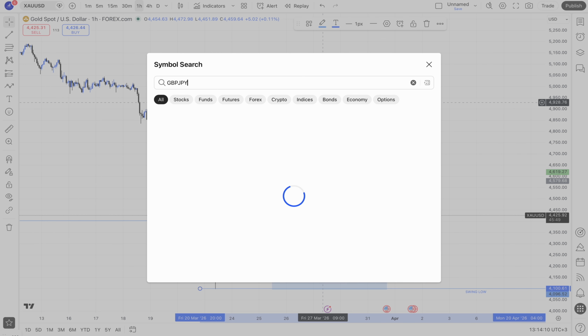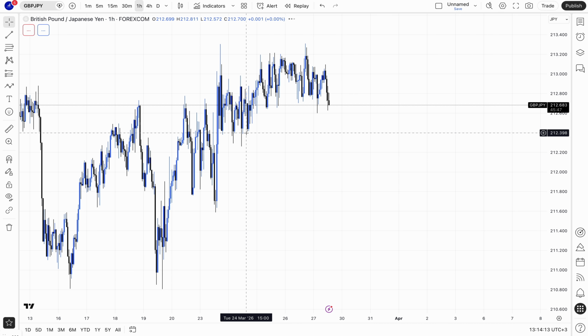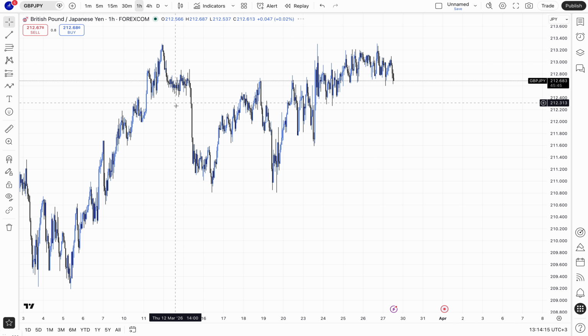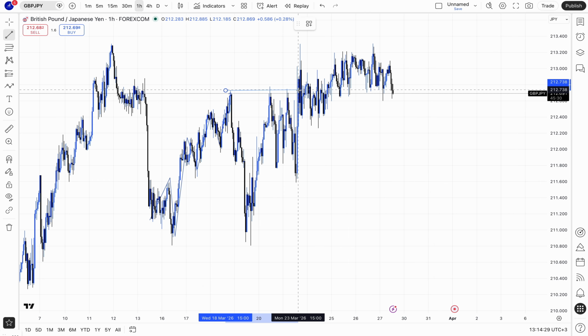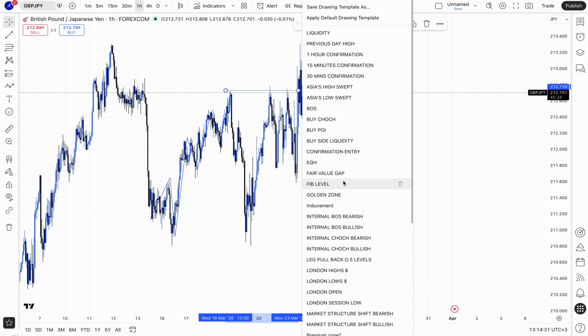Then for GBP/JPY, it's still a little bit complicated to match liquidity, consolidating here and there. But still, you can understand that we had our break of structure to the downside, then the break of structure to the upside, then the continuation to the upside. So we had our change of character to the upside just here.